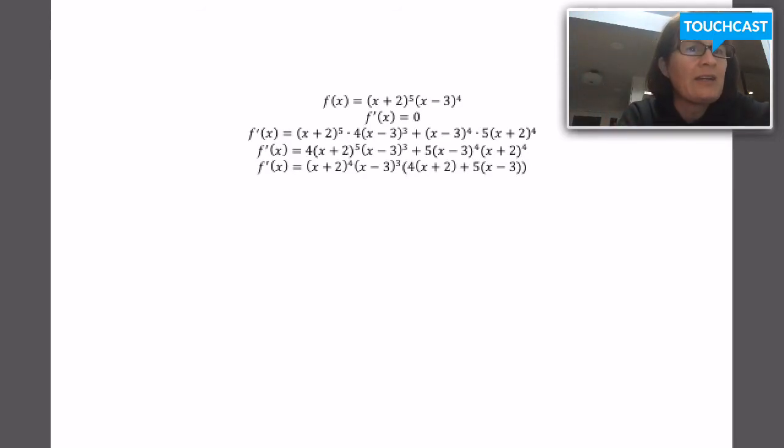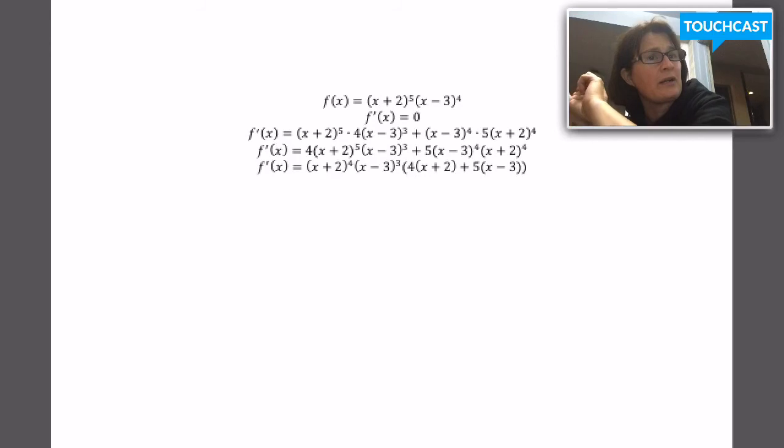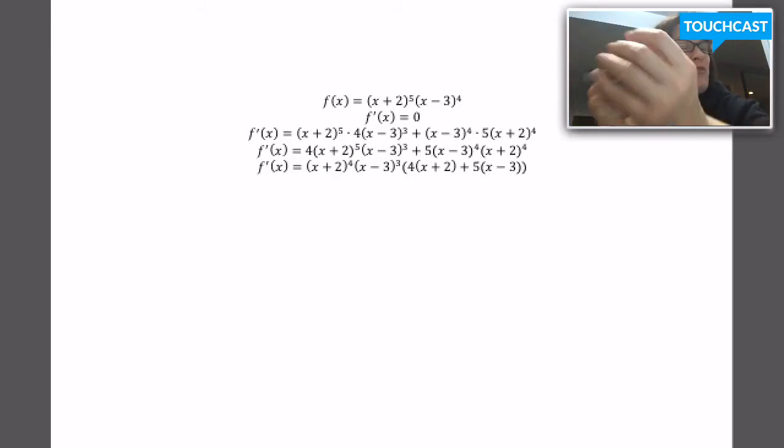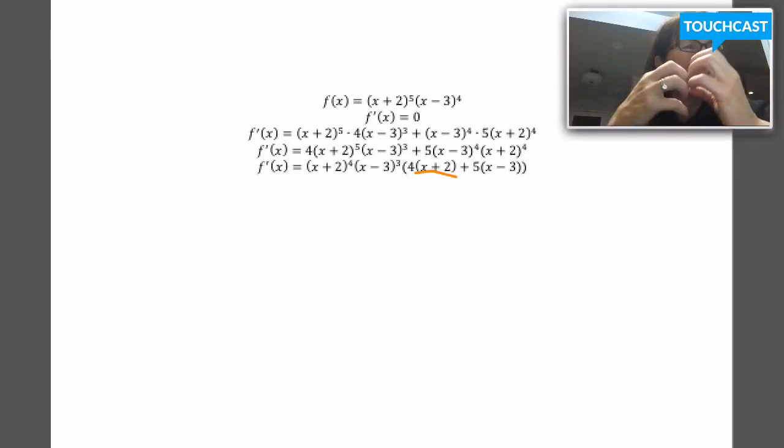Well, in the first half I had x plus 2 to the fifth times 4 times x minus 3 cubed. The x minus 3 cubed I brought out to the front. x plus 2 to the fourth I brought out to the front, so I have a leftover x plus 2 and this factor of 4. And that's how I get this 4 times x plus 2 inside the parentheses. Plus, I'm going to add in here the leftover after I factor.